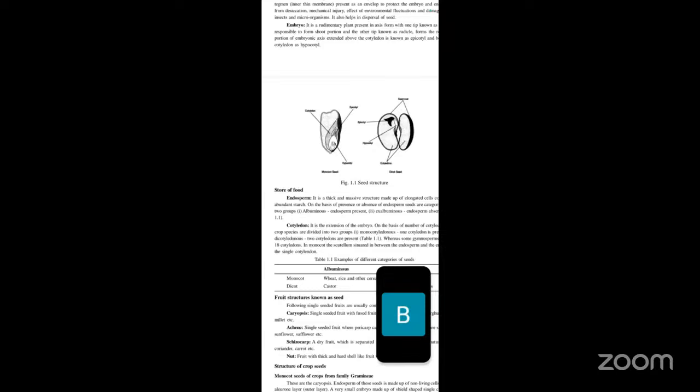And others, onion, and dicot seeds, crops from the family Leguminosae, or the achenes: the sunflower, safflower, niger. These are the albuminous dicot single-seeded.